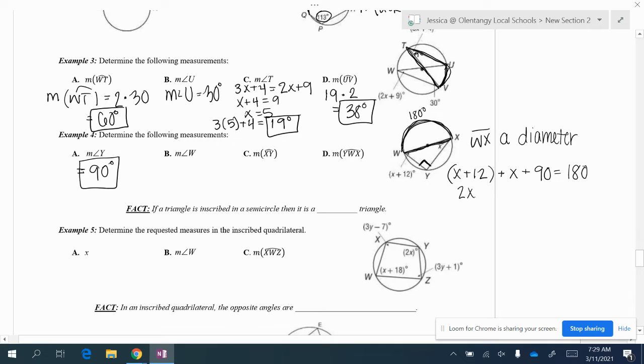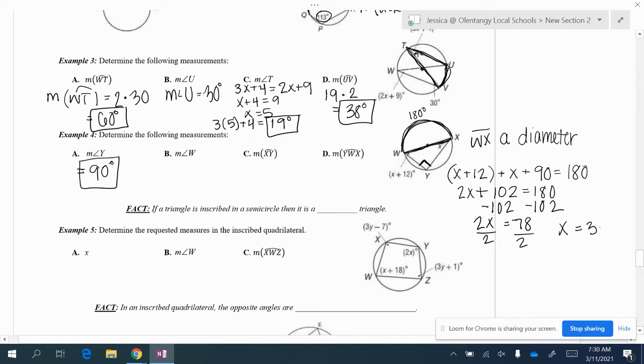Now I have 2X plus 102 is equal to 180. Subtract 102. 2X is equal to 78. Divide by 2.